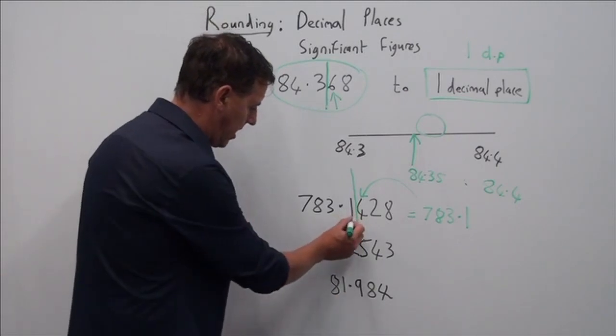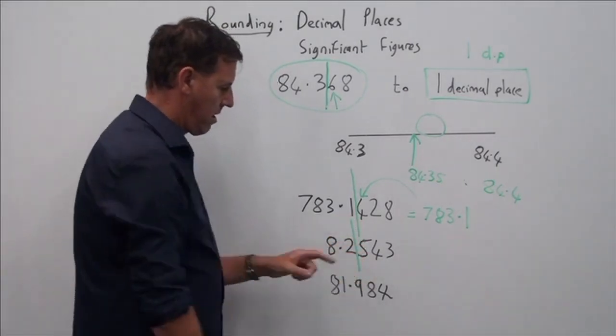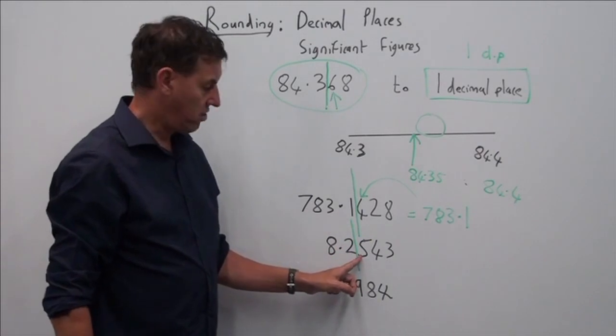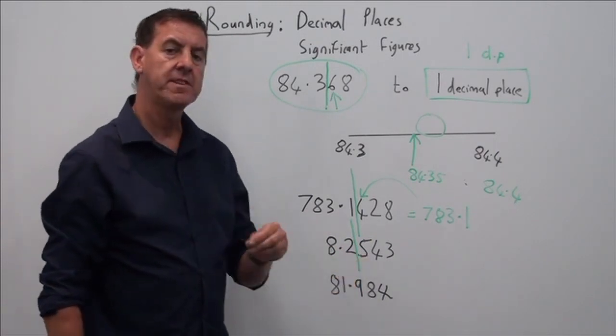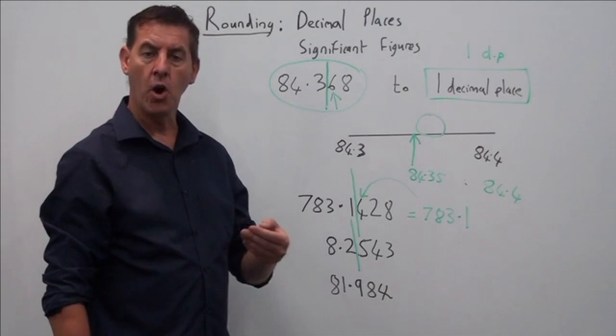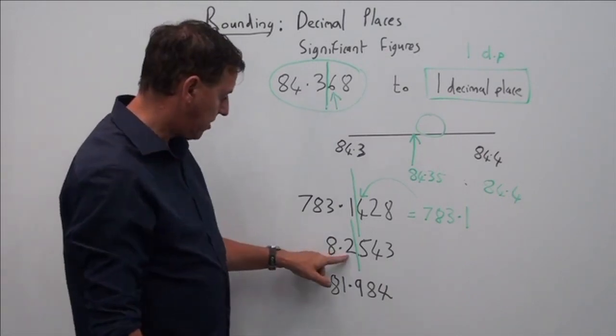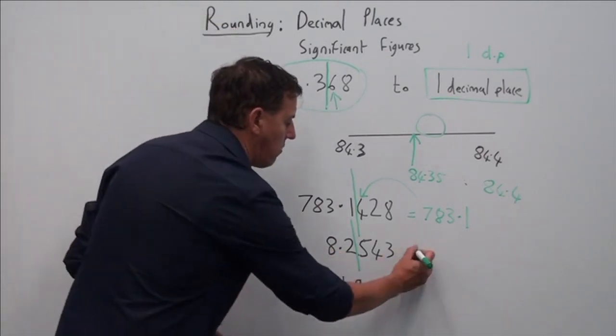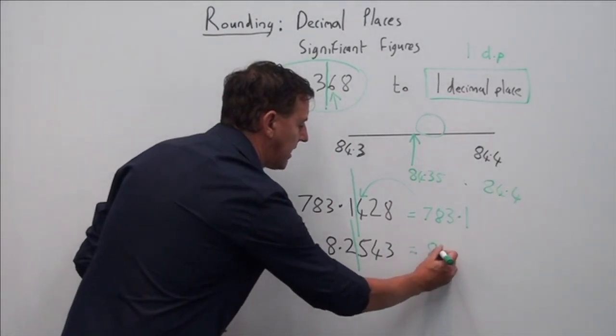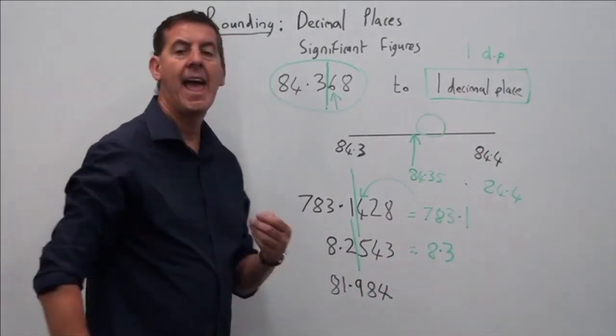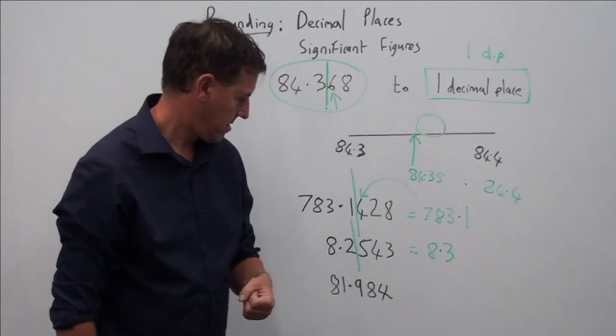So I stop here. I look at the number next to the 2, which is a 5. Remember, if it's 5 or more, we have to round up. So 8.2, because of that 5, will now round to 1 decimal place to be 8.3.